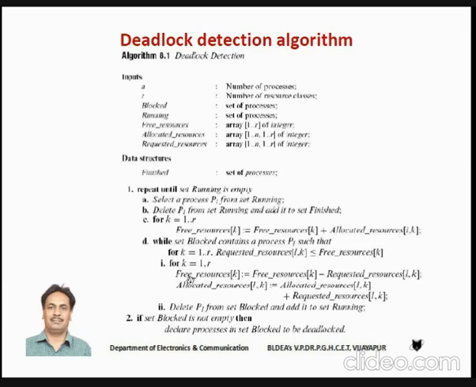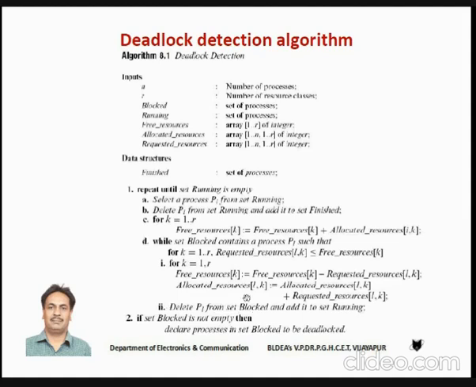Then after that, even the allocated resources of the process which is taken for execution should be updated. That's why here we have this step: allocated resources equal to allocated resources plus requested resources. Then we delete that process Pl which was in the blocked state and we add that process to the running state.